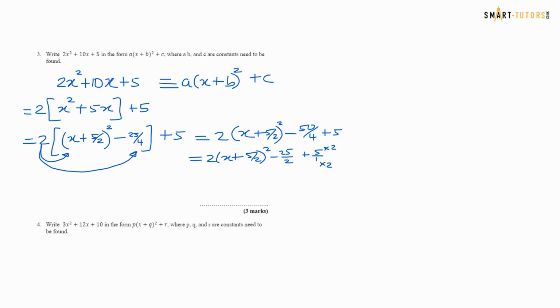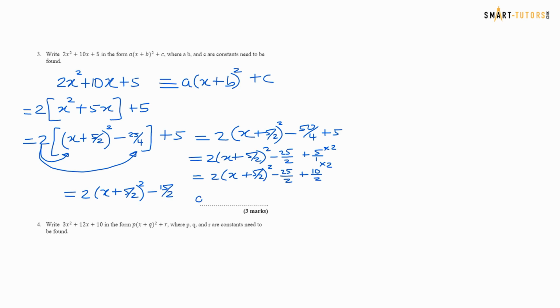The main purpose is to keep the denominator the same. So 2(x plus 5 over 2) whole thing squared minus 25 over 2 plus 10 over 2, which gives the final answer as 2(x plus 5 over 2) whole thing squared minus 15 over 2.